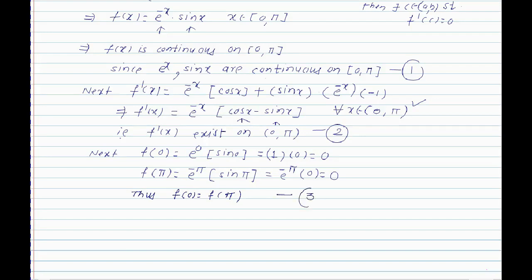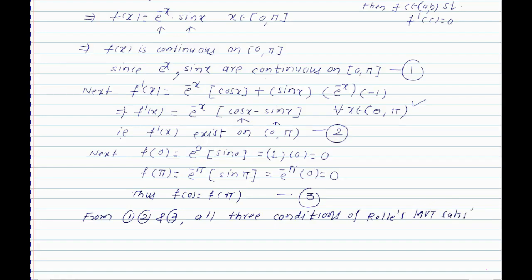Suppose this is equation number 3. So from equations 1, 2 and 3, all three conditions of Rolle's mean value theorem are satisfied on the closed interval 0 to pi, and therefore by Rolle's mean value theorem there exists a point c in the open interval 0 to pi such that f dash c is 0.